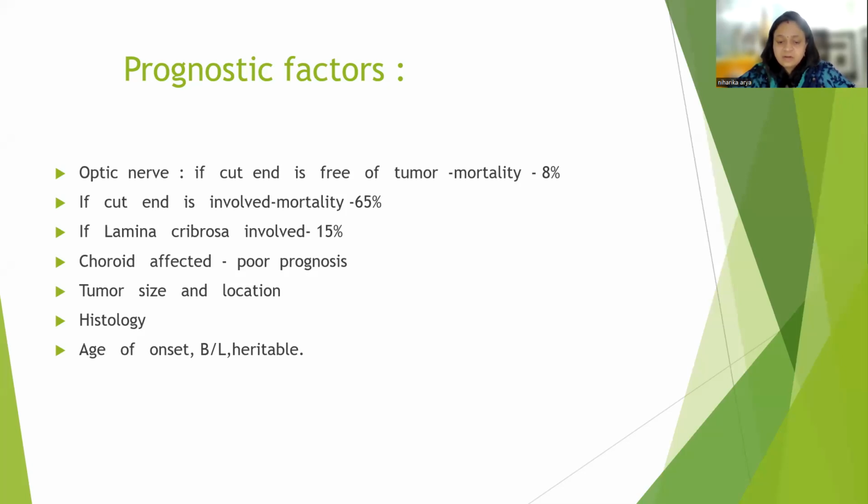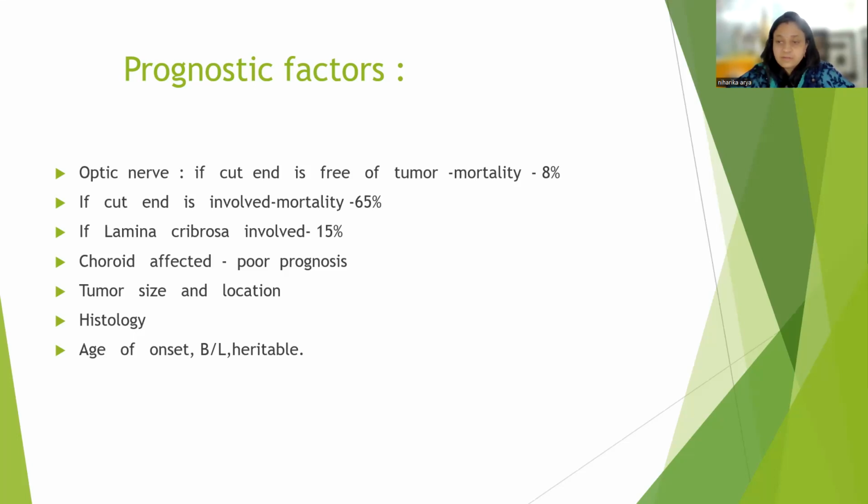So if the intraocular tumor does not involve the optic nerve, then the prognosis of the eye is good. If the cut end is involved, then the mortality is 65%. If the lamina cribrosa is involved, then the chance is 15%. Lamina cribrosa is the part at the optic disc.